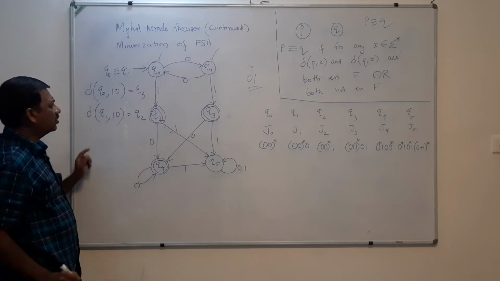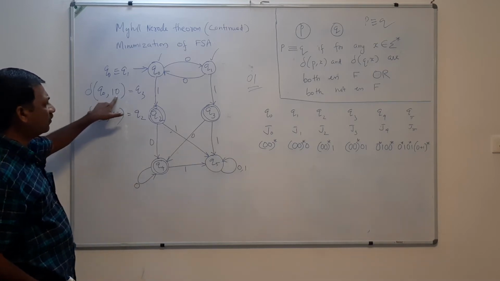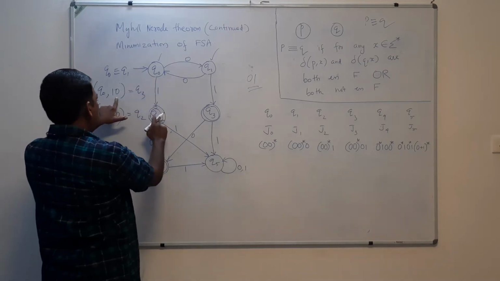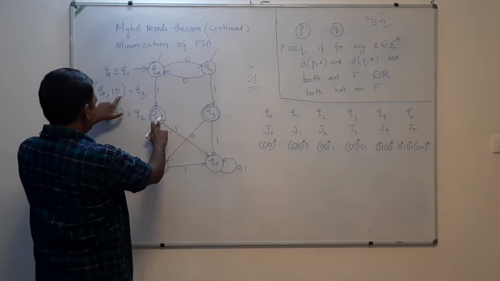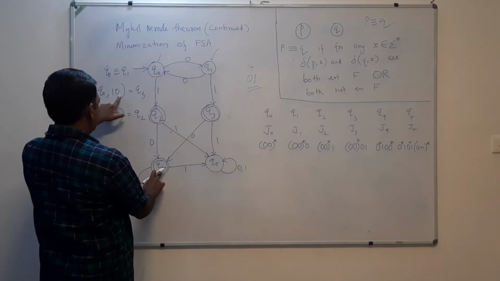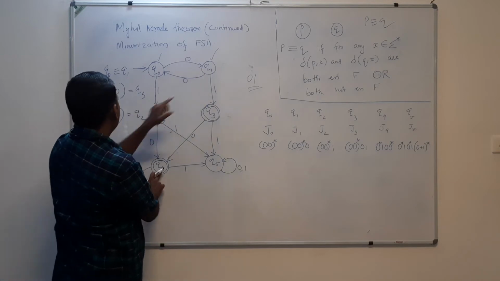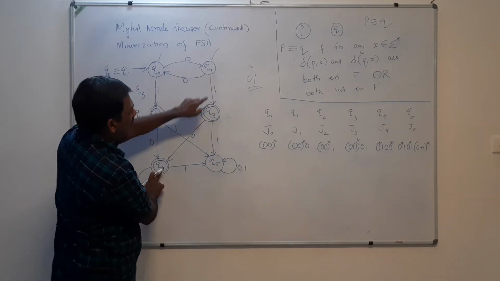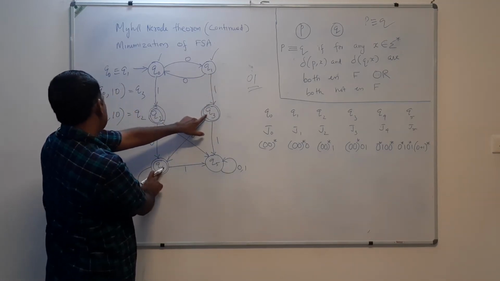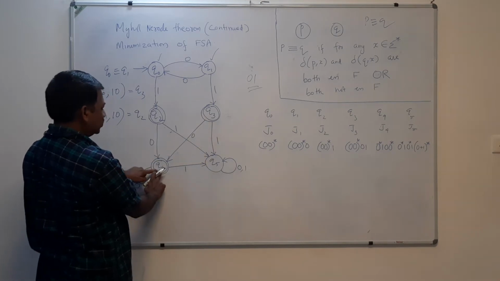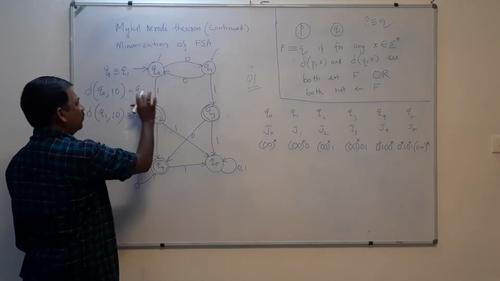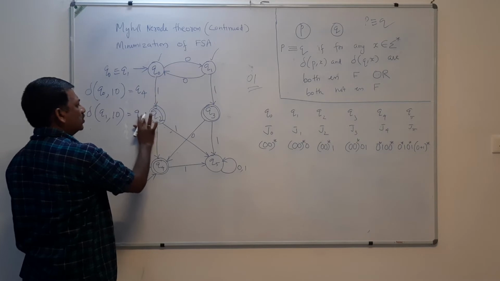Now suppose that we apply another string 10. What will happen to Q0? Q0 on 1 is Q2, and for the next 0 it reaches Q4. And what about Q1? Q1 on 1 it reaches Q3, and for the next 0 it reaches Q4. That means this is Q4 and this also is Q4.